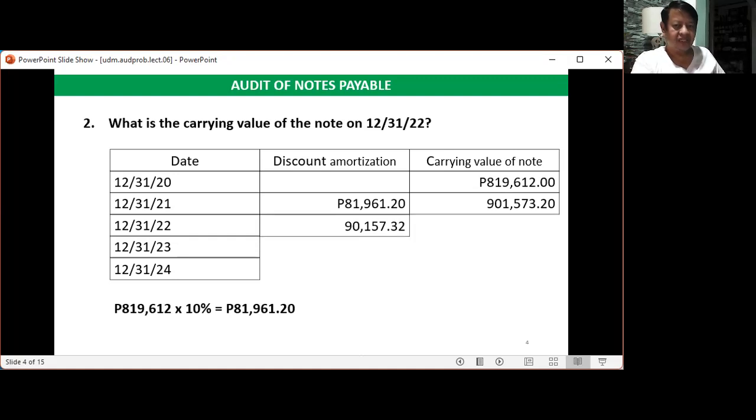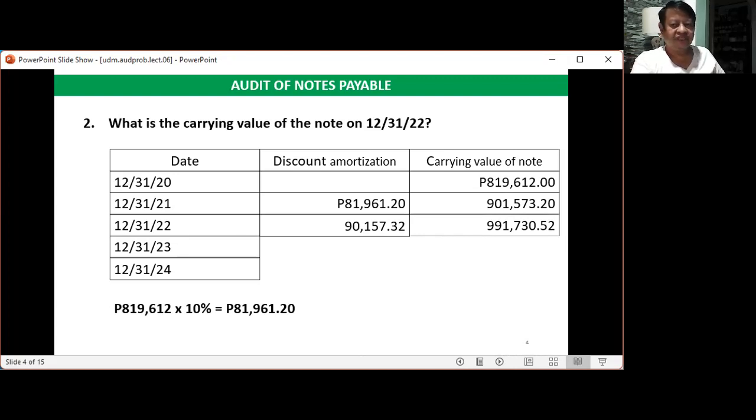Again, we will add this amount to the carrying value of 901,573.2 to arrive at the carrying value of the note at the end of 2022, and that is 991,730.52.